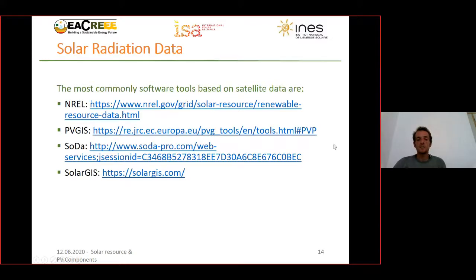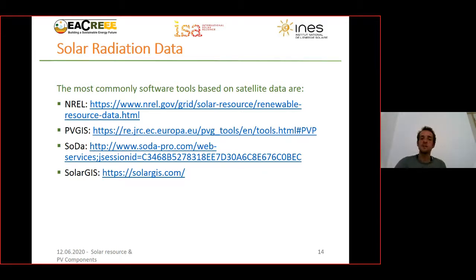How to find this data or this map? You can find it on different databases. Here you can find a list of the most common databases used in the solar PV market. The first one is NREL. This is basically for the American continent, and it is a very nice data set. You have also PVGIS, which is a database designed by the European Commission.